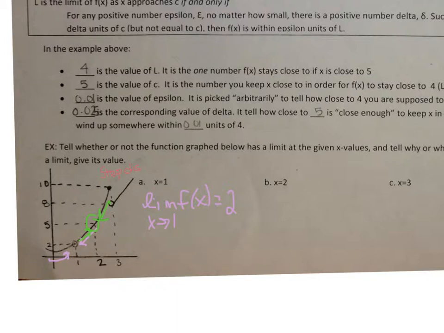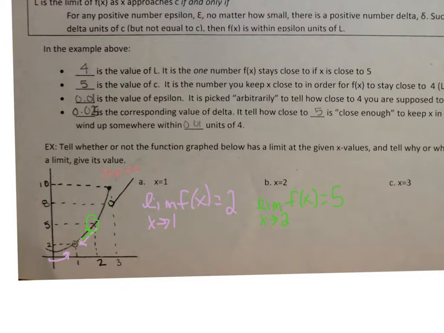Therefore, I also have a limit here. So again, using the limit notation, I would say the limit as x approaches 2 of f of x is equal to 5. Great. Now, I'm just going to erase this so we can see our function better.